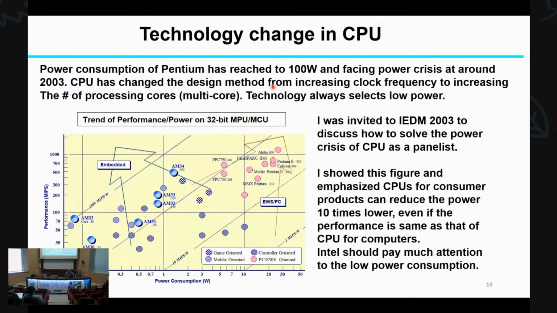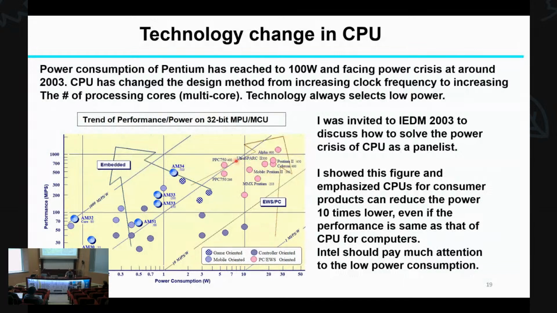This is after the power crisis. So as a panel discussion, I showed this figure and emphasized that the CPU can reduce the power ten times lower. This is 100 MIPS, 1000 MIPS, and this is the power.